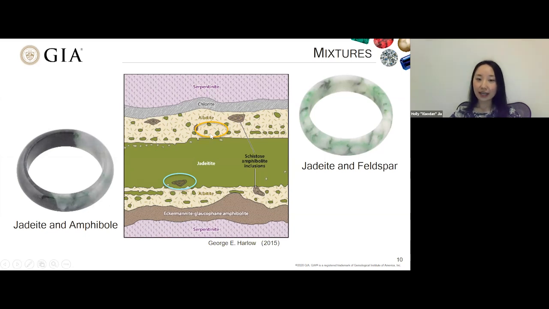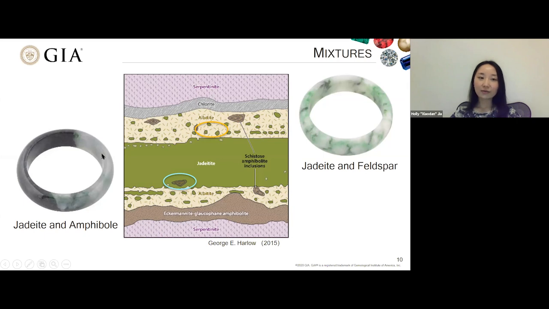It's a very common accessory mineral in jadeite. So when feldspar becomes the primary mineral of a rock, the property of that rock would be quite different from jadeite jade. So in those cases, it would be just more proper to say that's a rock consisting of jadeite and feldspar.